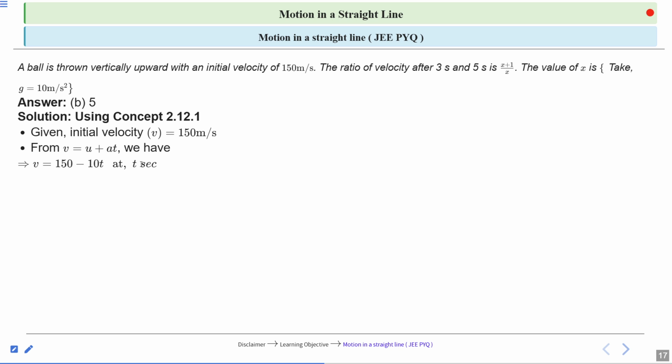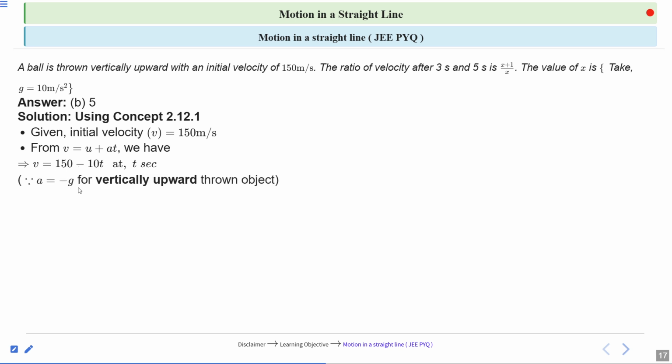So this is the first equation of motion. We know initial velocity 150, so just substitute the value of u, and a is equal to acceleration due to gravity, that is minus 10. So the equation becomes v is equal to 150 minus 10t.